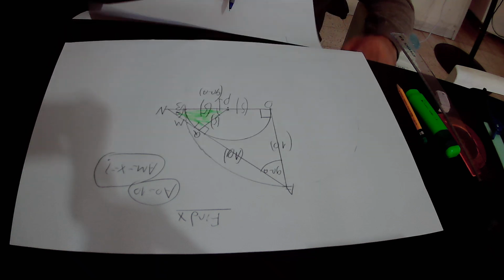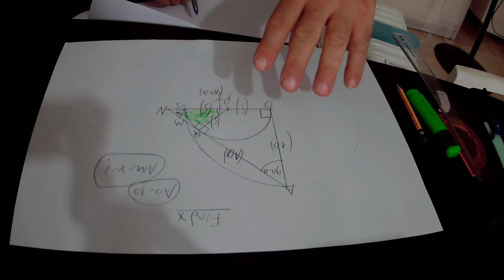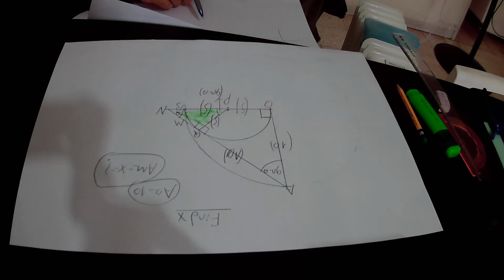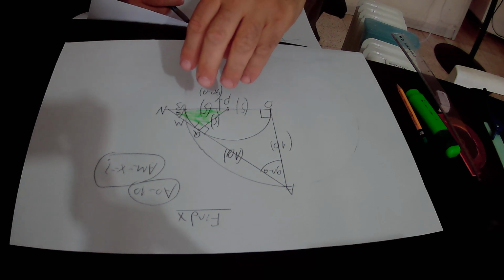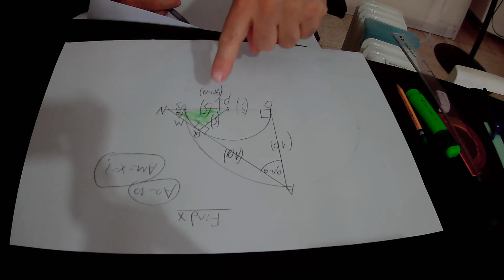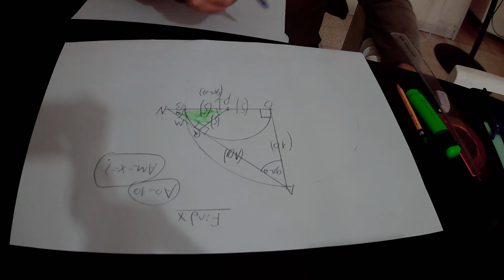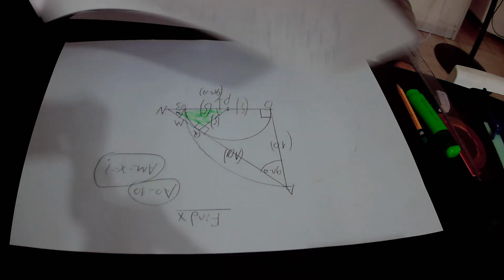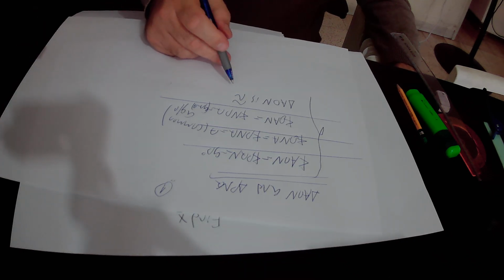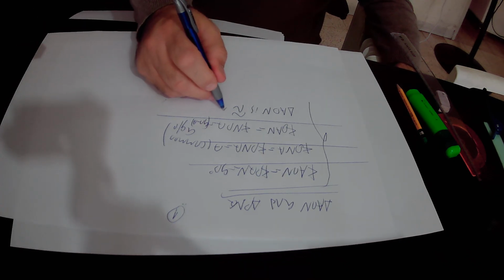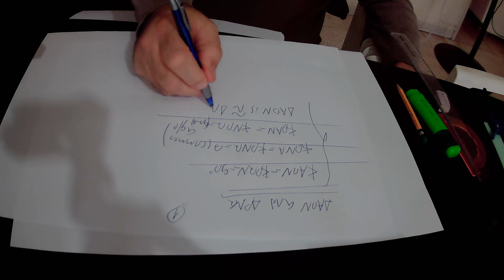So this proves that all three angles in the right big triangle AON are correspondingly equal to all three angles in the green small right triangle PQN. Therefore we have proved that the right big triangle AON is similar to the right green small triangle PQN.